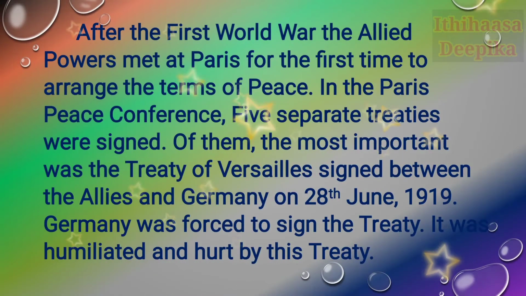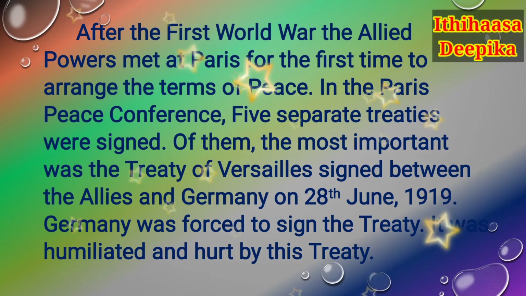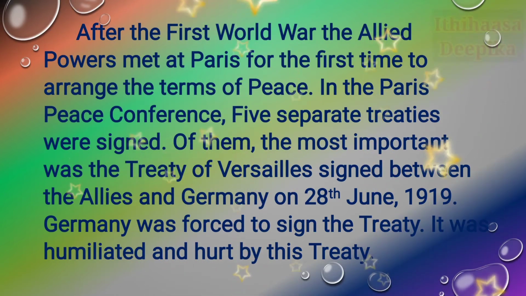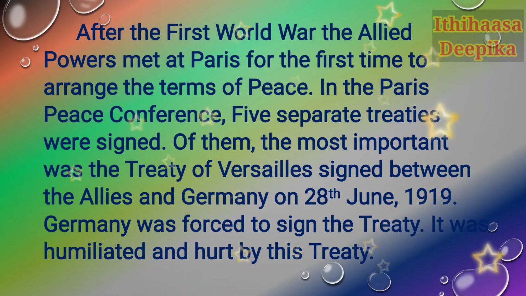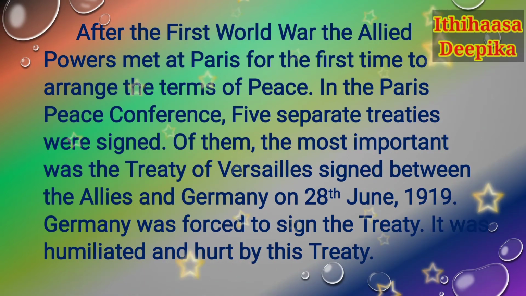After the First World War, Allied powers met at Paris for the first time to arrange the terms of peace. In the Paris Peace Conference, 5 separate treaties were signed.